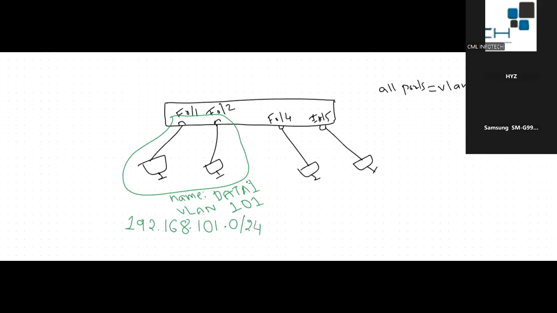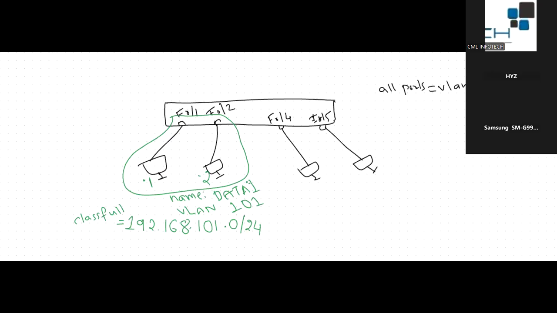And dot 1, dot 2 is the IP, which means 192.168.101.1 is the first IP and 2 is the second IP. And this IP, we call it classful or default because it's a /24. When you write class C and you see 24, it means you did not subnet it, so it's a default address.